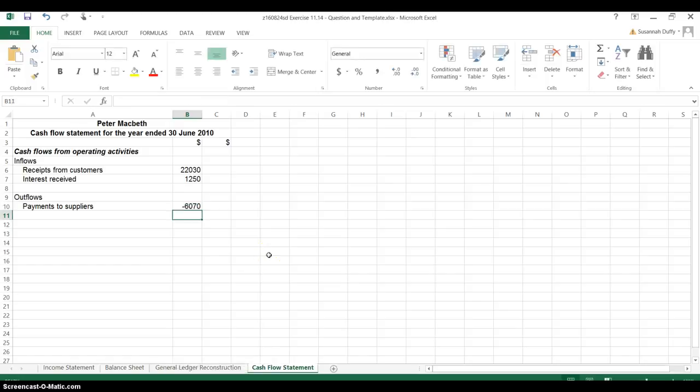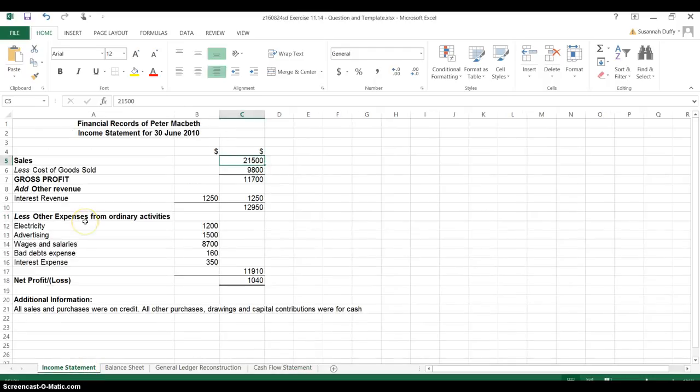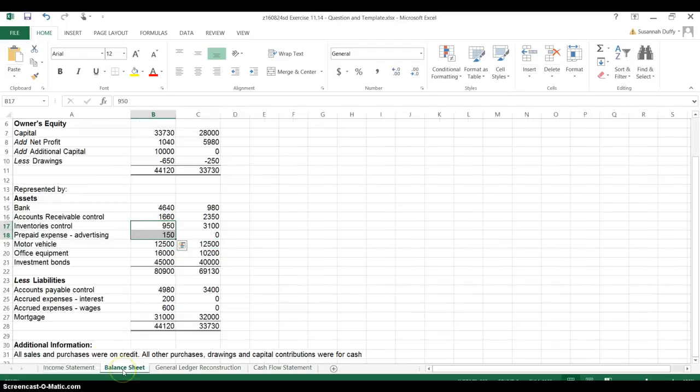Straight in like that. Right, the next one is payments to employers and employees. So this one may be very straightforward. It might just be as simple as going to the income statement, finding the figure for wages, and then popping it in. What you need to be careful though is whether there's anything on the balance sheet.